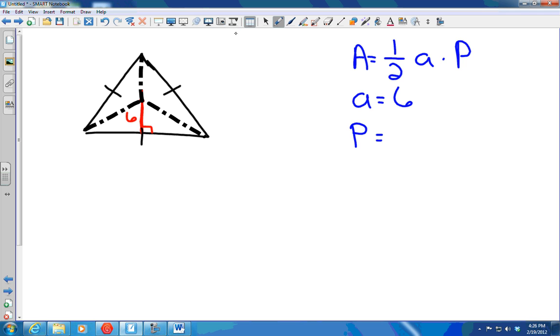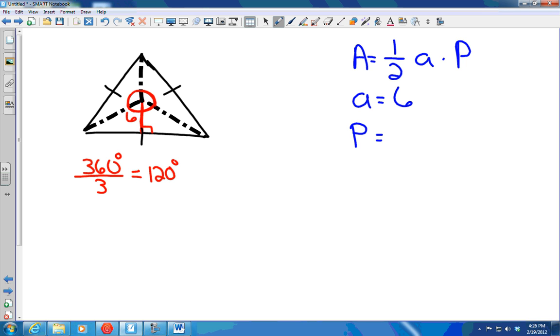Each one of these triangles has a central angle, and all 3 of them should equal the full circle, or 360 degrees. So each angle is 360 divided by 3, since there's 3 of them. 360 divided by 3 is 120. So each one of those angles is 120.